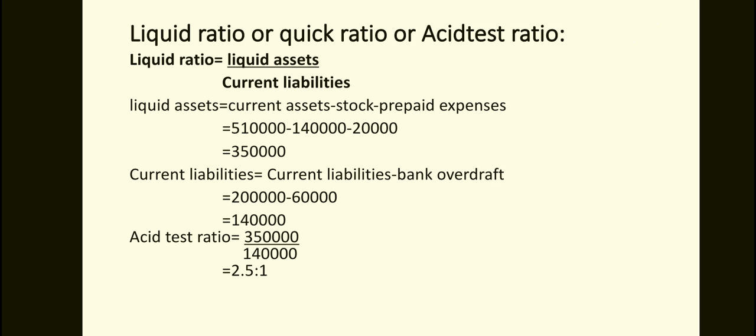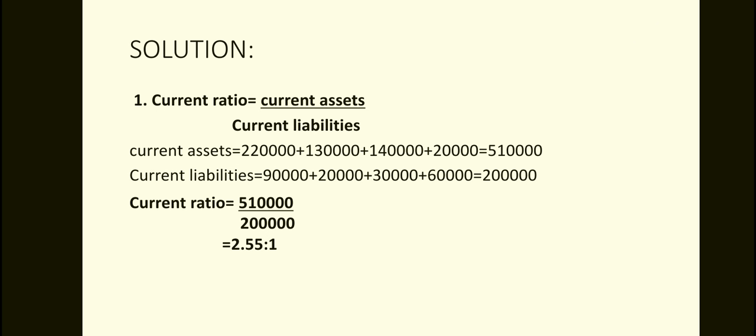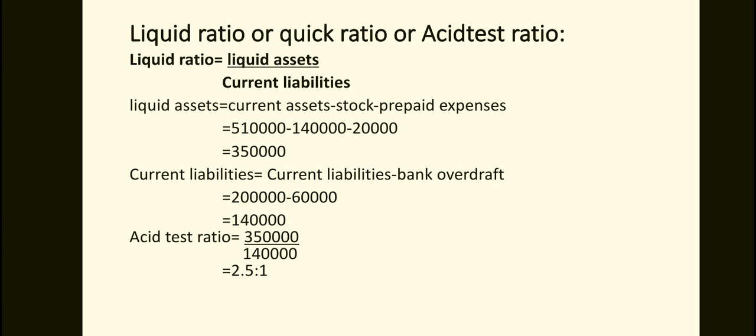So in this case, current assets is 5 lakh 10,000 rupees minus stock 1 lakh 40,000 rupees minus prepaid expenses 20,000 rupees. So we obtain 3 lakh 50,000 rupees as liquid assets.